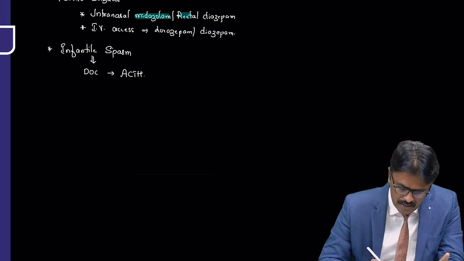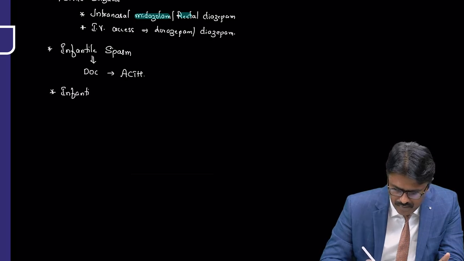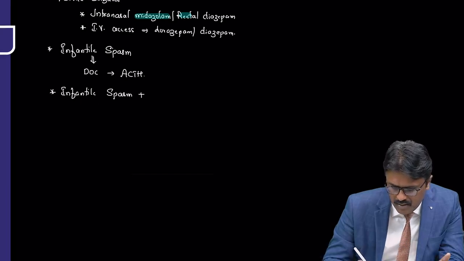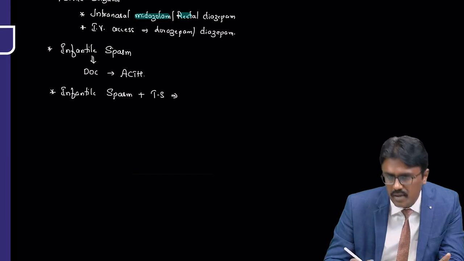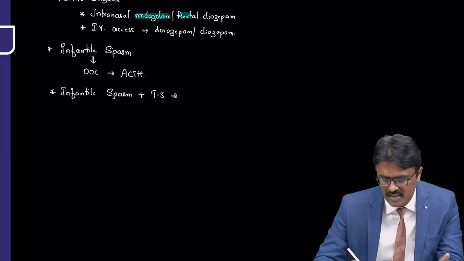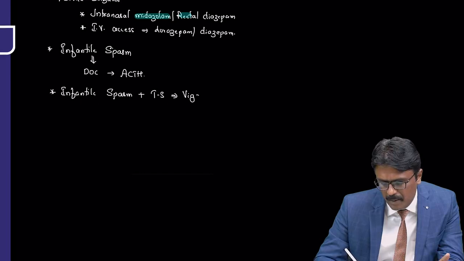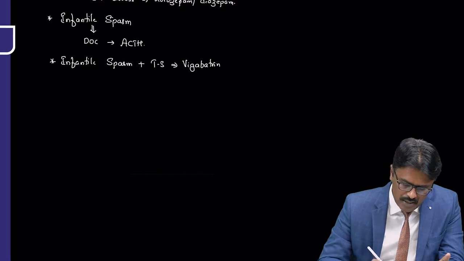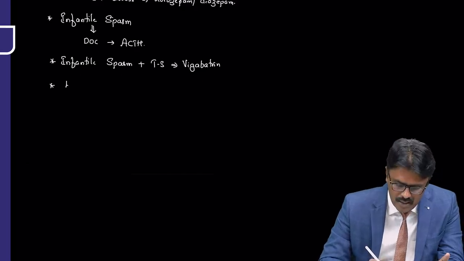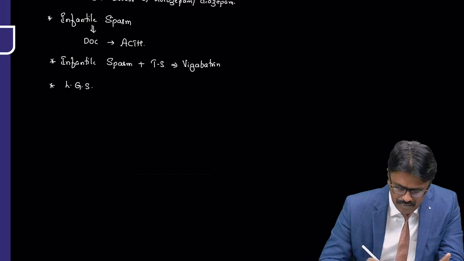Suppose the child has infantile spasm plus tuberous sclerosis. Can you tell me what the answer for that is? It is vigabatrin. Now there are childhood epilepsy syndromes, that is Lennox-Gastaut syndrome and Dravet syndrome.